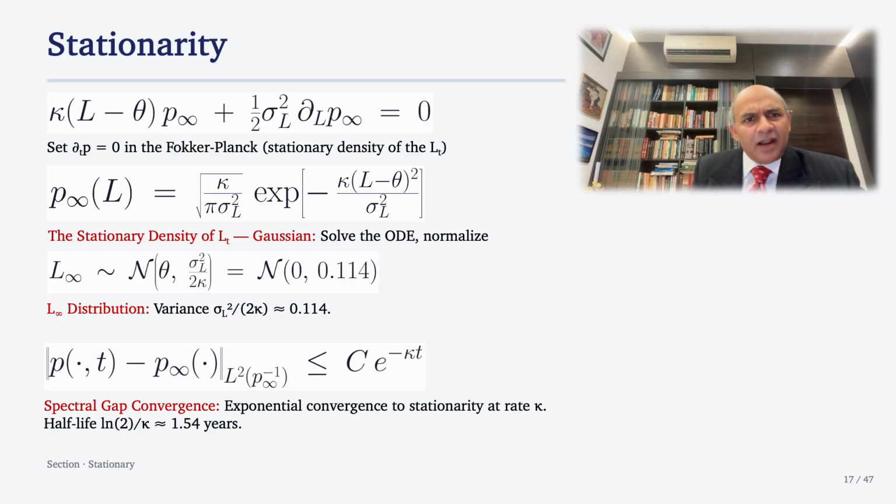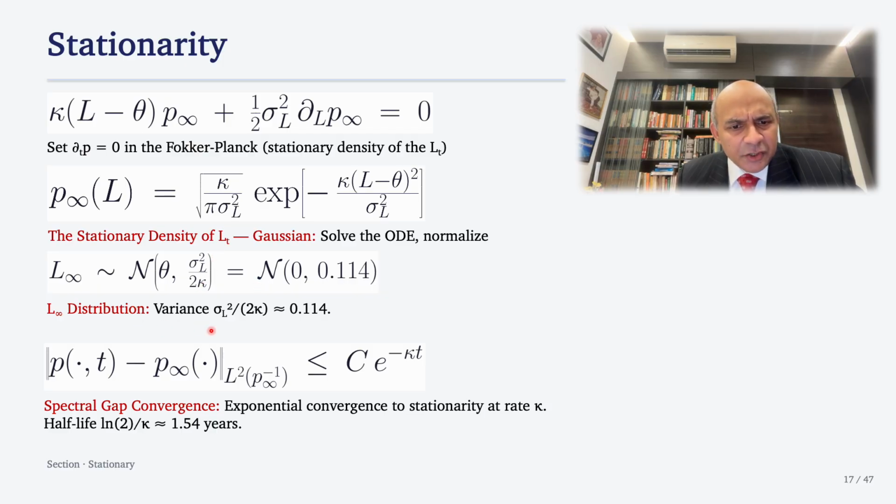In terms of stationarity, we set ∂tP equals 0 in the Fokker-Planck equation, and that gives us the ODE whose solution is the stationary density. So the stationary density over here is the closed form solution, and the value of the variance over here is 0.114 based on our calibration.